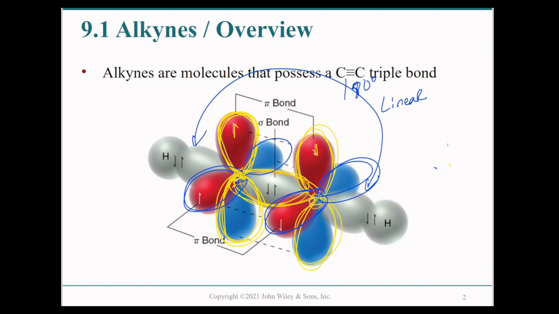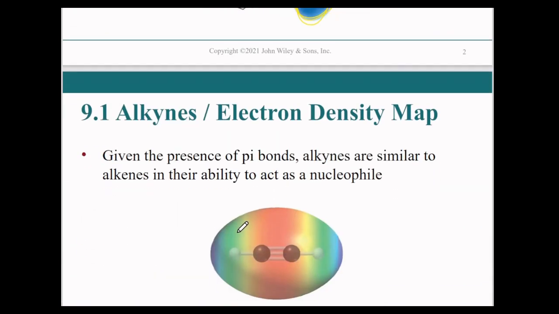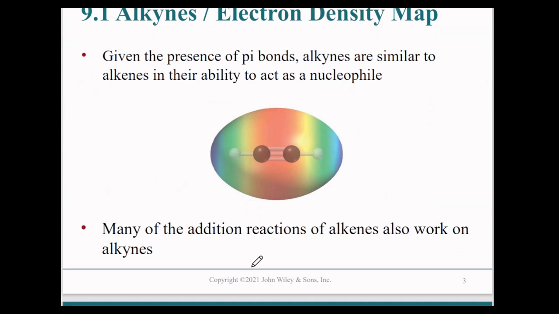So that means that whatever is attached at the end of the triple bond, in this case we just have the hydrogens, those are going to exist 180 degrees from each other. All right, so if we look at that in an electron density map, we see the regions of high electron density are around the center of the bond, okay?